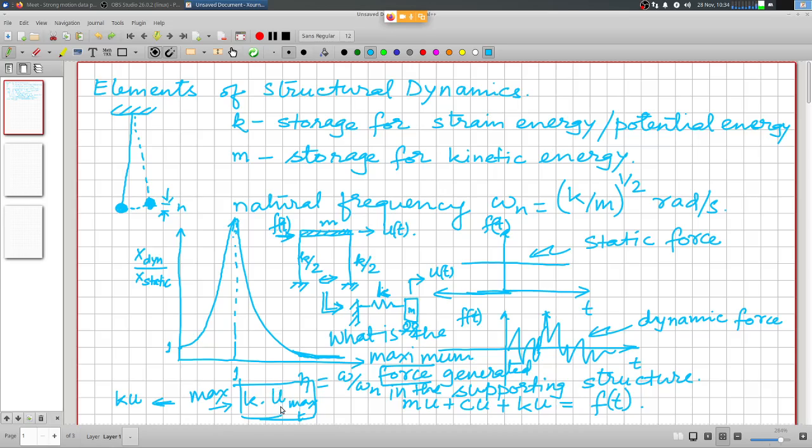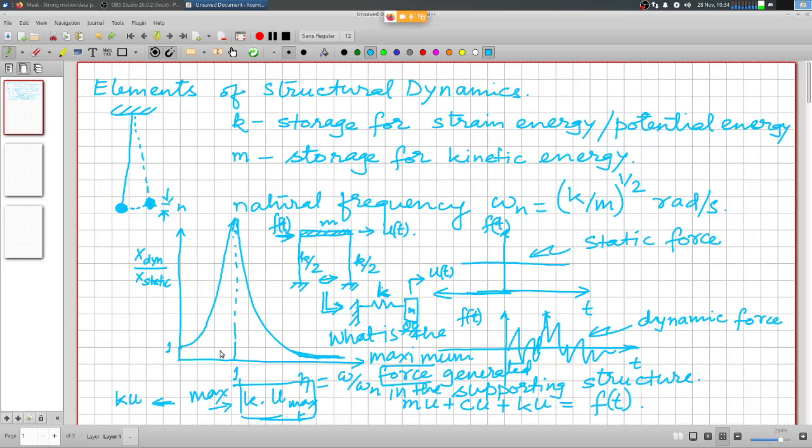right? And if you look at it, this U max will depend on the natural frequency of the system for a given excitation. Even if the excitation is the same, if I change the natural frequency, the maximum response will keep on changing depending on the natural frequency.